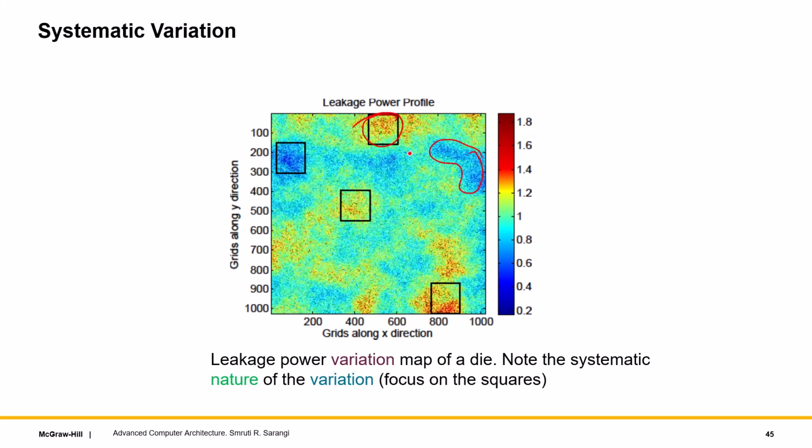High leakage power basically means a low threshold voltage, right? That's what it means. So again, you see these systematic regions, right? So this region, these are all systematic variations, because there is a correlation in space, and this is happening precisely because of the wave nature of light and diffraction and so on.